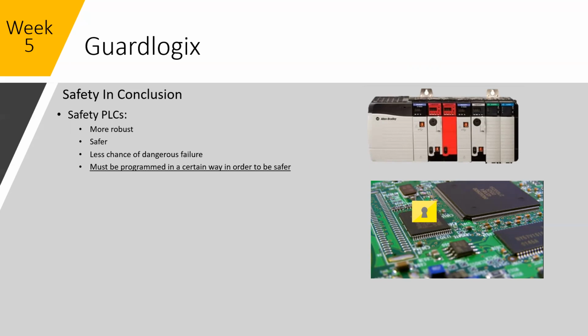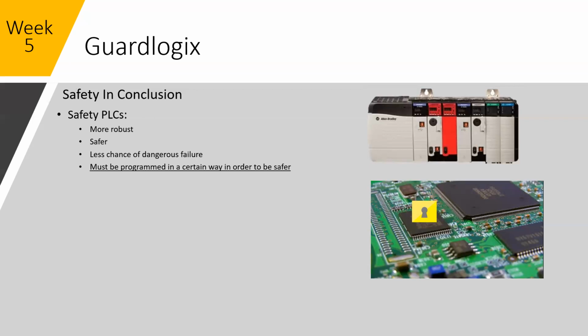And if you end up in nuclear power, you end up in oil and gas, you'll find these specialists specific for the different sites. And there are guys who specialize in rigs. There are guys who specialize in fracking. All of them have their own risks. Everything has to be evaluated. There's weeks of engineering before they deploy some of these. And then the system has to be programmed in a certain way in order for it to be safer.